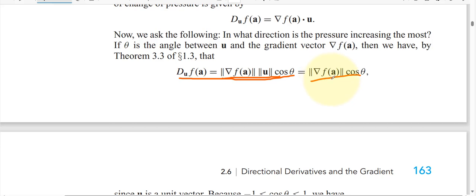So this is like just a constant, doesn't depend on u at all. But this has u in it because this is the angle between u and the gradient. So when is the cosine largest? When the angle is smallest, when the angle is 0. So that means we want the angle between u and the gradient to be 0. That means that u should point in the direction of the gradient.